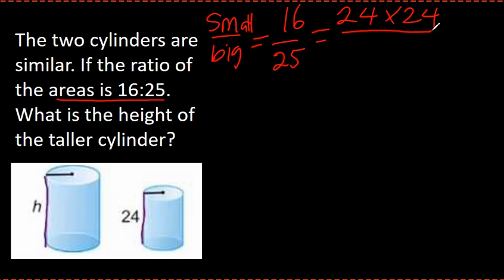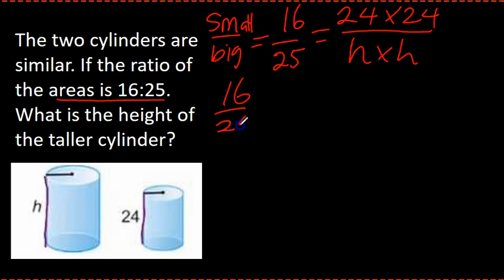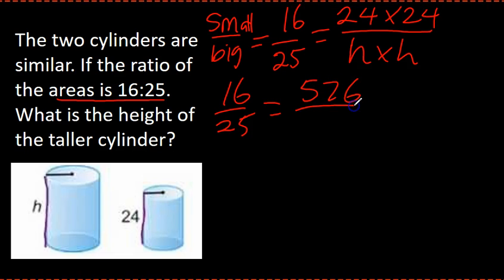So the same thing, height times height, or height squared. So this is 16 over 25 equals 24 times 24, which is 576, over h squared. H times h is h squared.